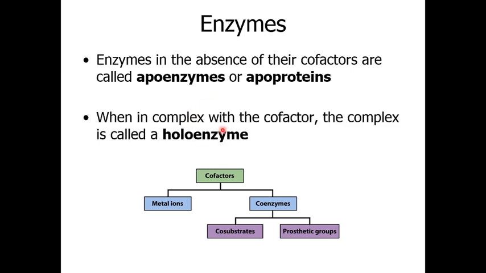When in complex with the cofactor, the complex is called a holoenzyme. Now, not all enzymes use cofactors, and these terminologies only apply to those enzymes that utilize a cofactor for catalyzing a reaction.